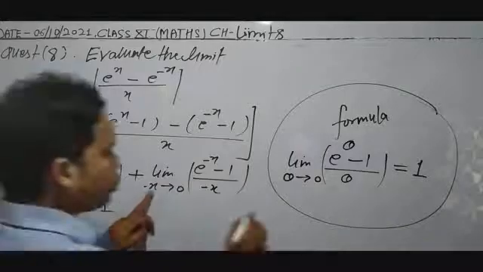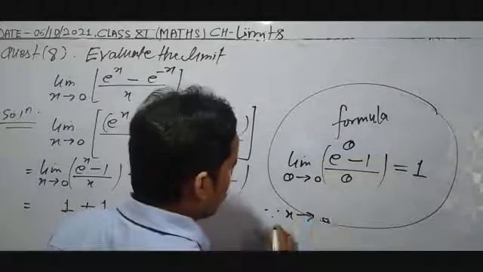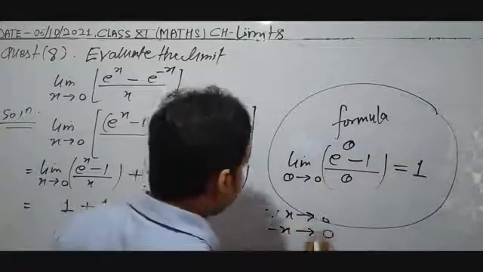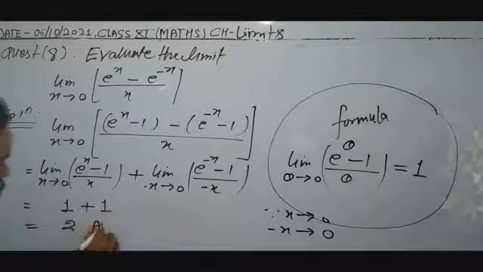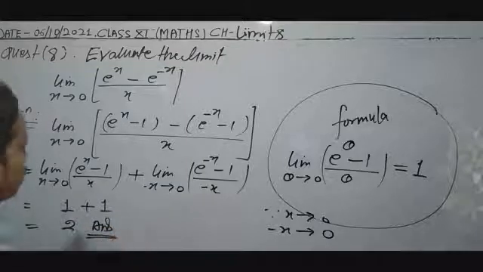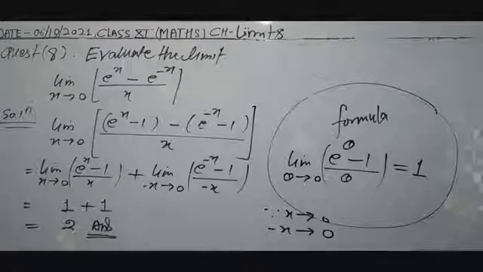Since x tends to 0, this implies minus x will also tend to 0, so this will be 1. Now what will be its result? Its result will be 1 plus 1, 2. And now 2 is the answer. Now question number 8 is completed.